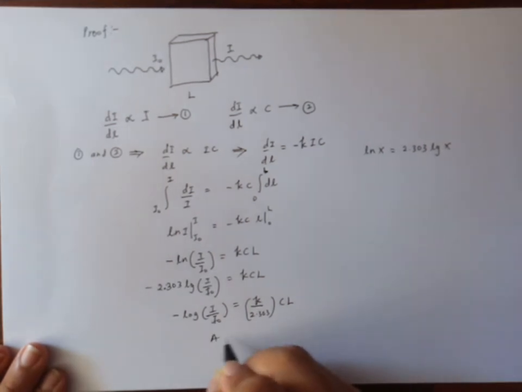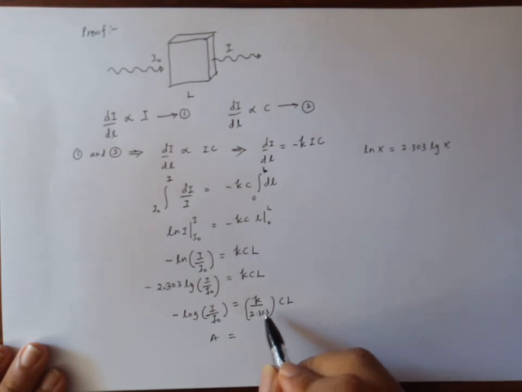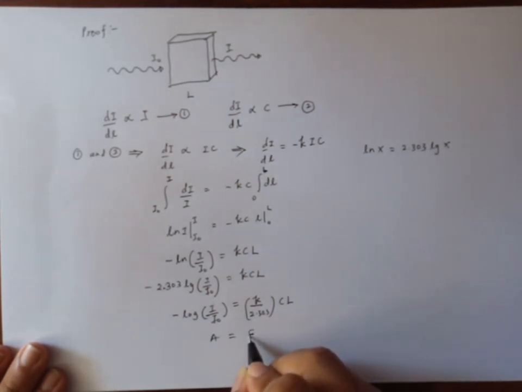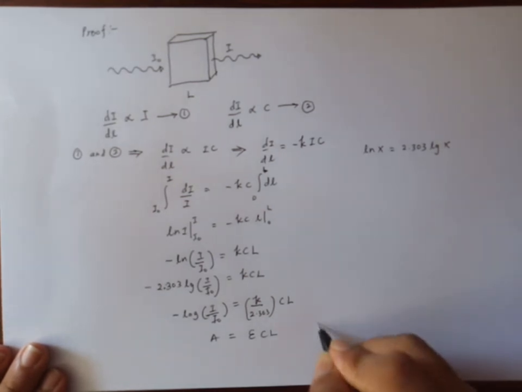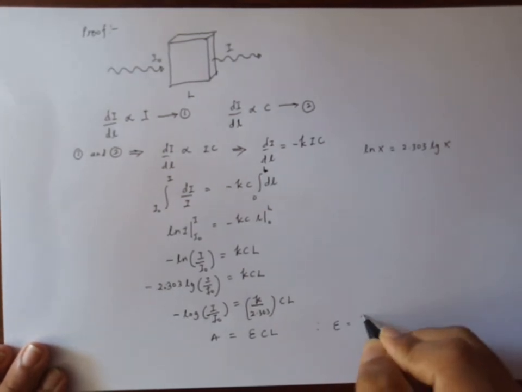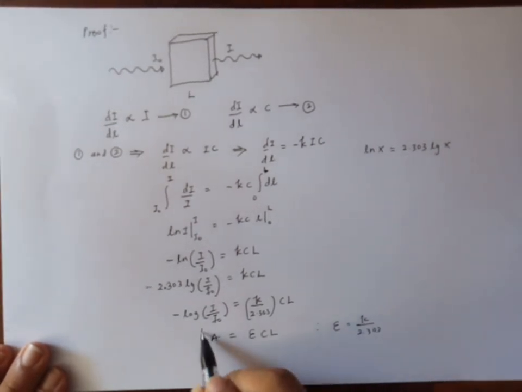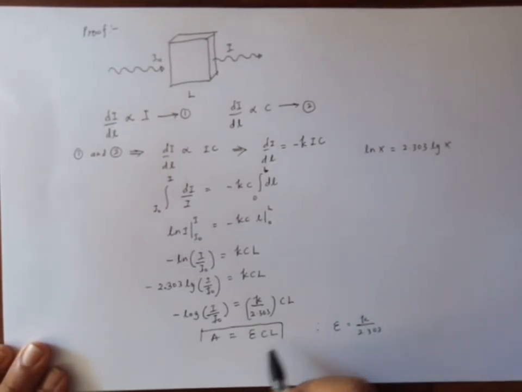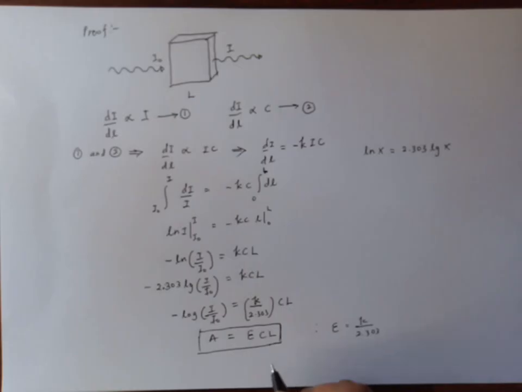So absorbance is equal to, I take this constant divided by a number, it's another constant, so I'll take that constant epsilon cl. So here epsilon is k over 2.303. So this is the equation that we obtain from Beer-Lambert law. So we just proved the Beer-Lambert law.